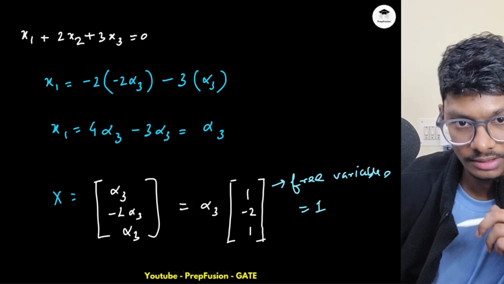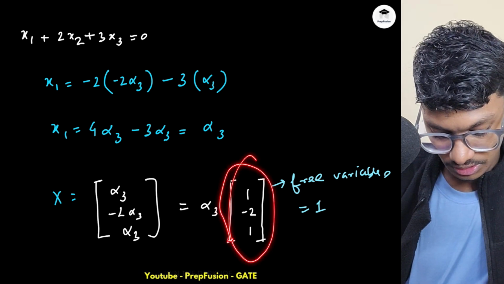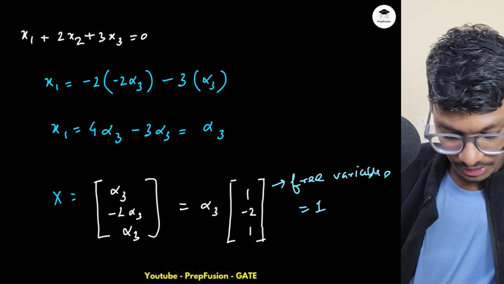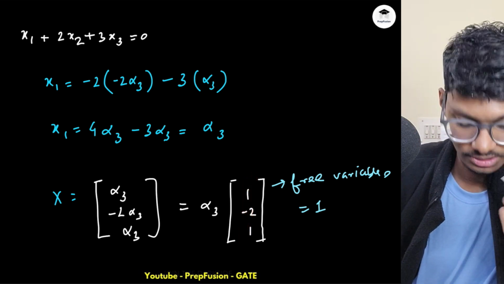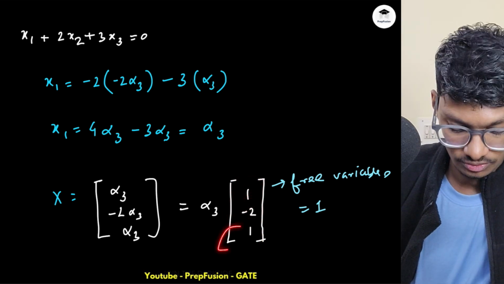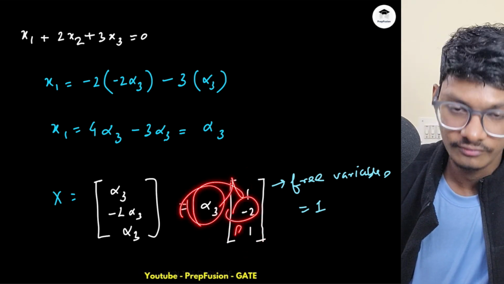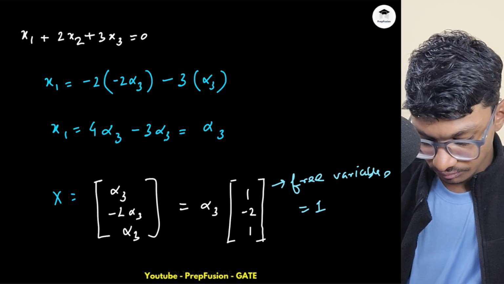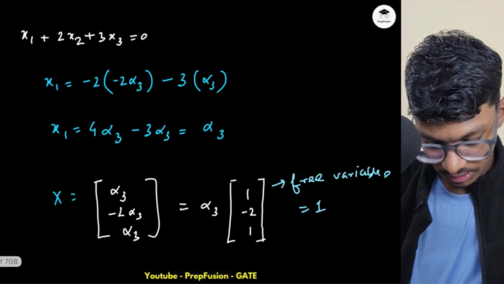Only one linearly independent solution, right? Basically this is the only one vector that is representing this whole 3D space, but I can only cover this in one direction, right? Because I'm not able to cover these vectors individually. I'm able to cover only one line at a time. So what do I mean by this? So let's say I have a 3D space, right?